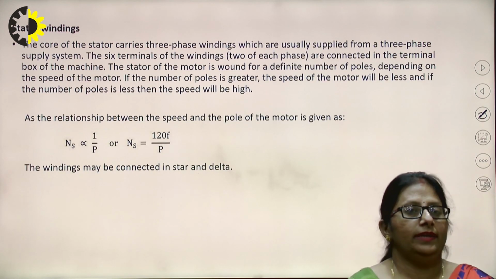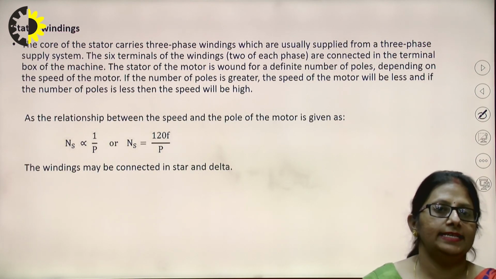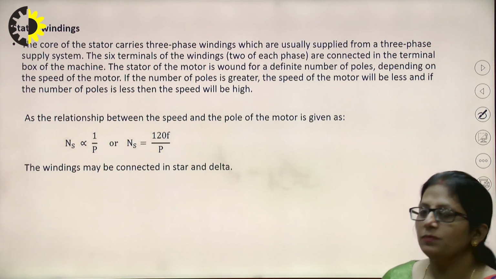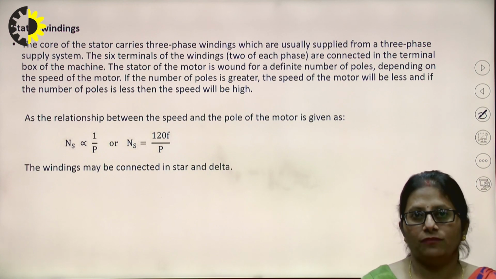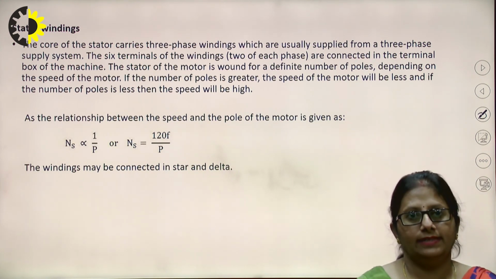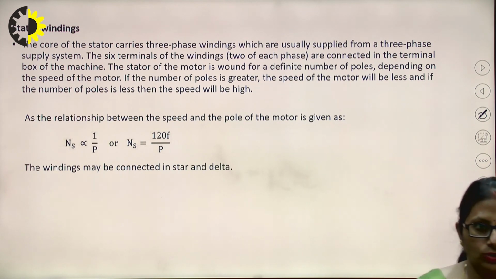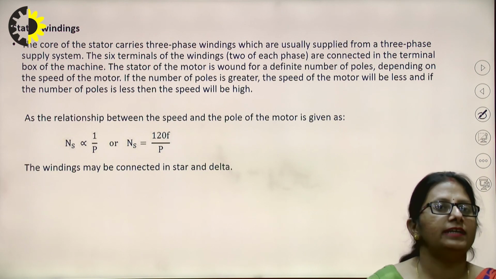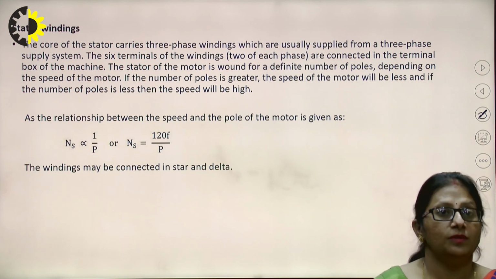Now, the stator windings. The core of the stator carries a three-phase winding, which is either star connected or delta connected, usually supplied from a three-phase supply system. The 6 terminals of the windings are connected in the terminal box of the machine. The stator of the motor is wound for a definite number of poles depending upon the speed of the motor.